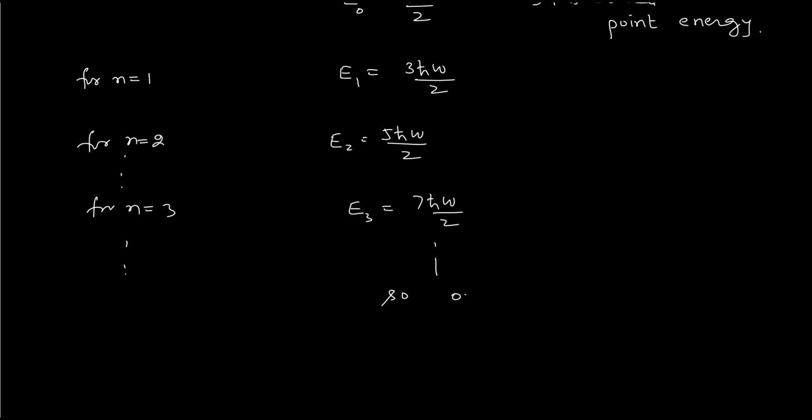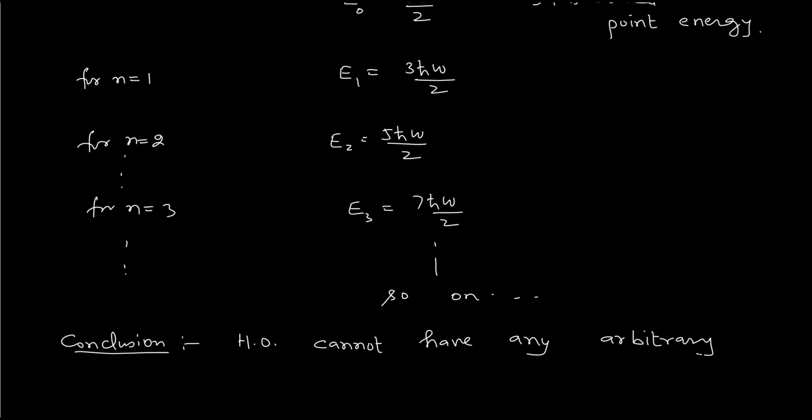So this shows that the harmonic oscillator cannot have any arbitrary energy. It can have only well defined energies. Harmonic oscillator cannot have any arbitrary value of energy, rather it can have well defined energies.